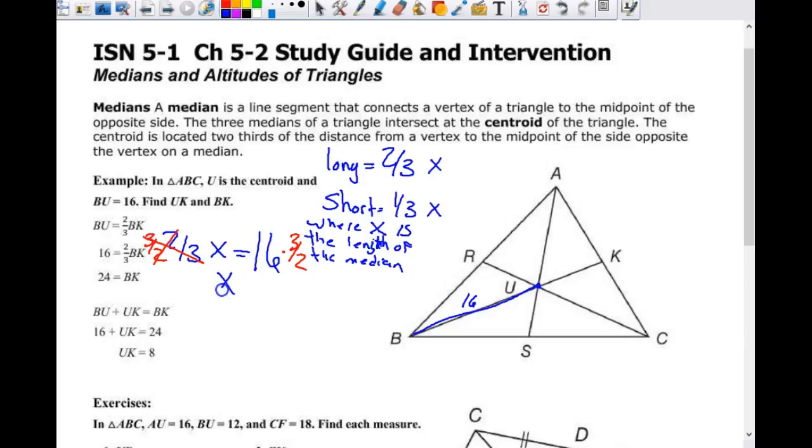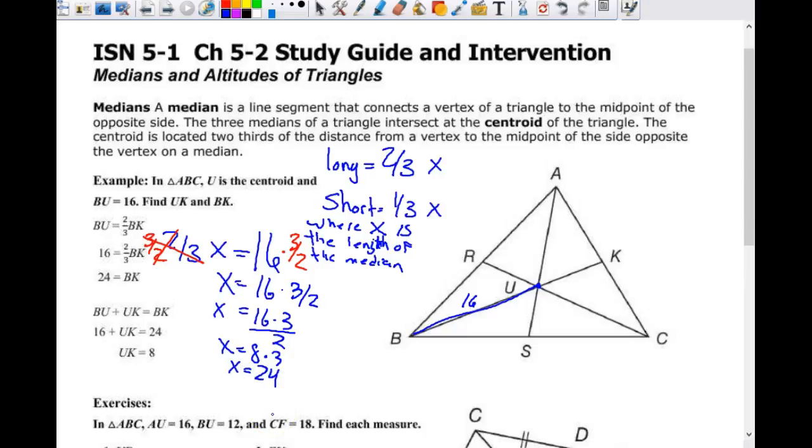So we get x is equal to 16 times 3/2. Another way to write that would be 16 times 3 divided by 2. Is 16 divisible by 2? So 16 divided by 2 is 8. What's left over is the times 3. So we know x is equal to 24.